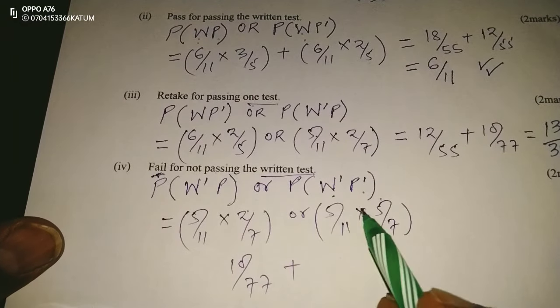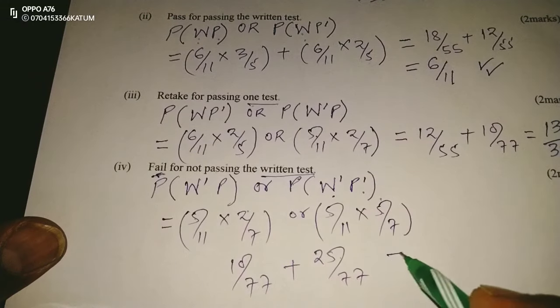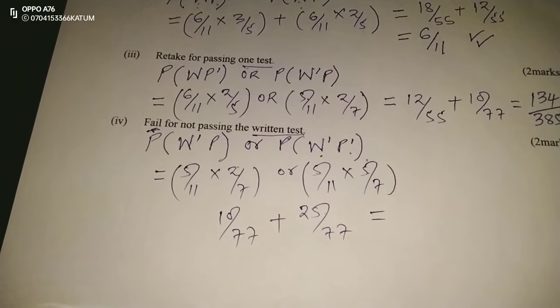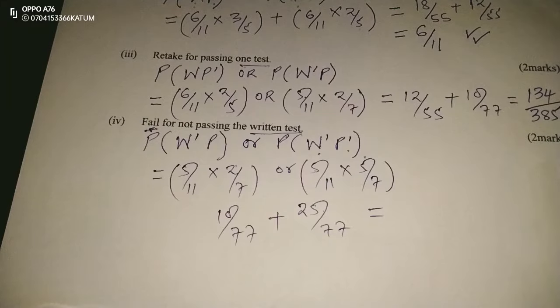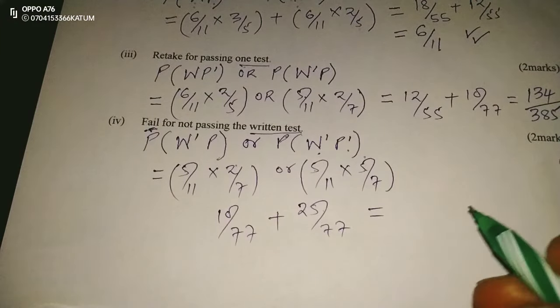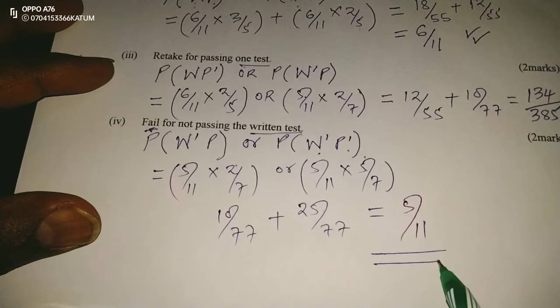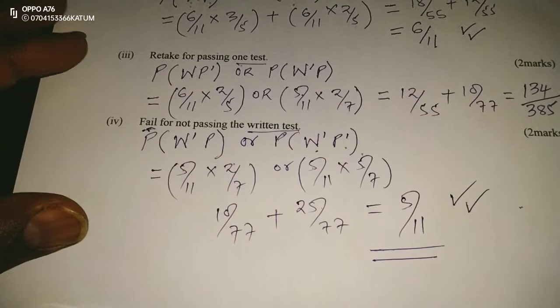Or, meaning addition, this is 25 out of 77. So now we can come up with this addition: 10 over 77 plus 25 out of 77. This gives us 5 out of 11. That is the probability that the student did not pass in the written test.